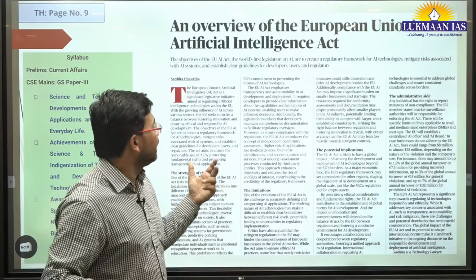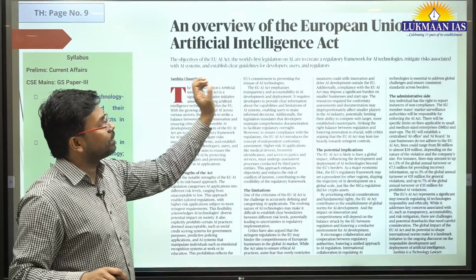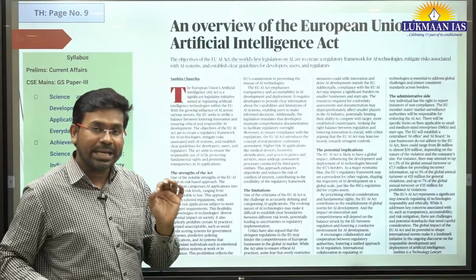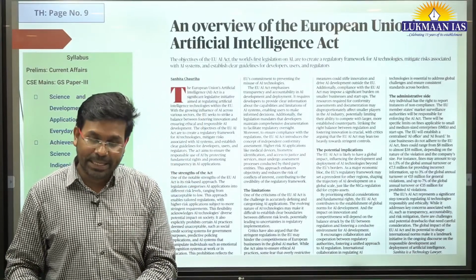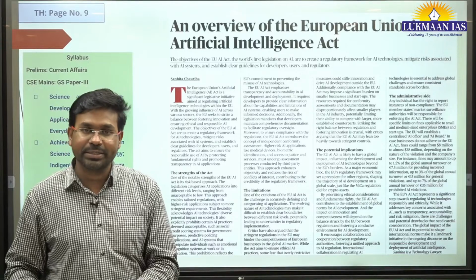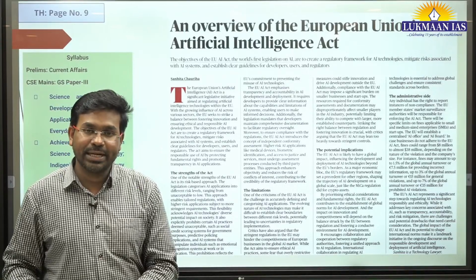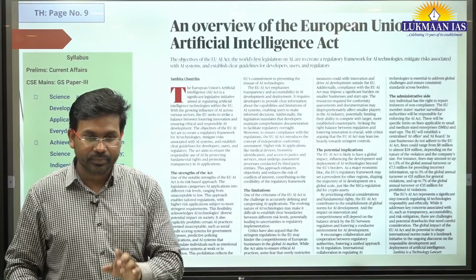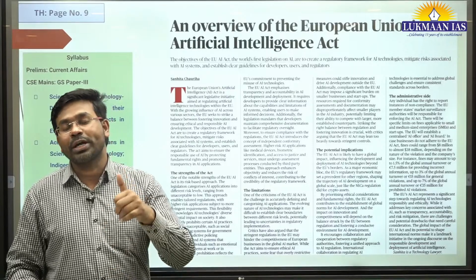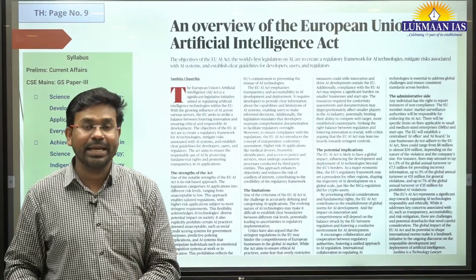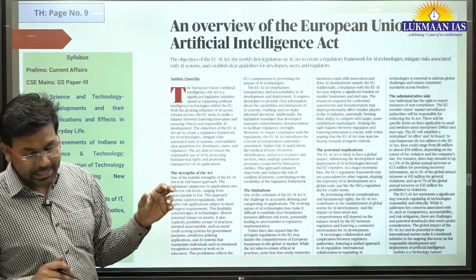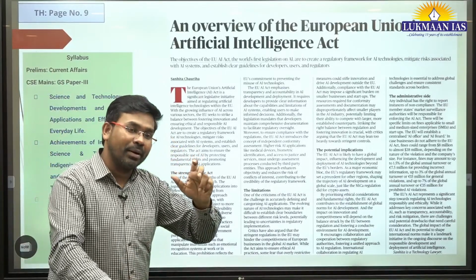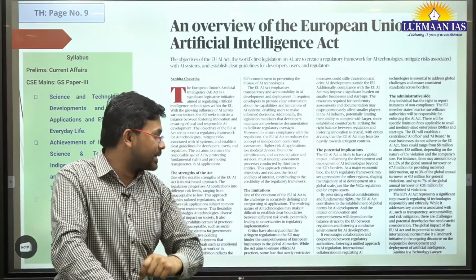So for that purpose, the European Union has enacted a legislation, and this legislation is being seen as one of the strongest and first legislations related to artificial intelligence. One of the strongest points of this legislation is that it seeks to have regulation based on the threat perception.